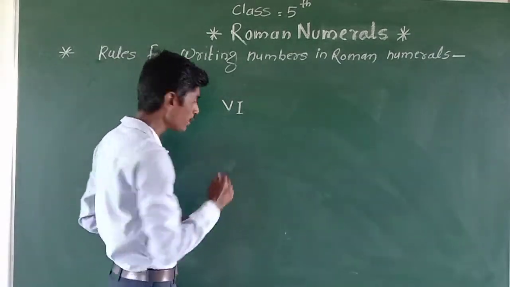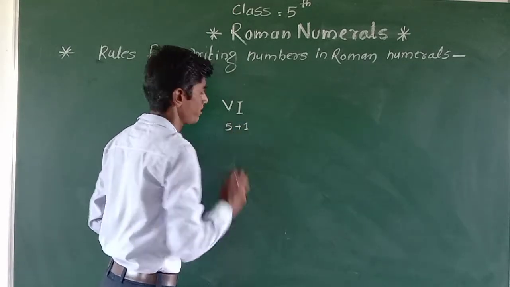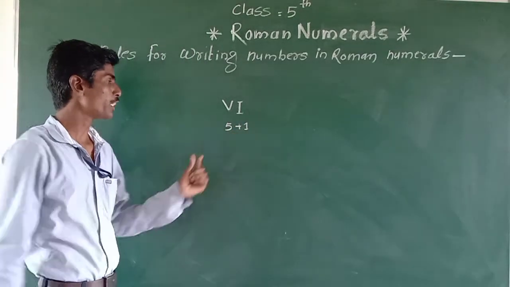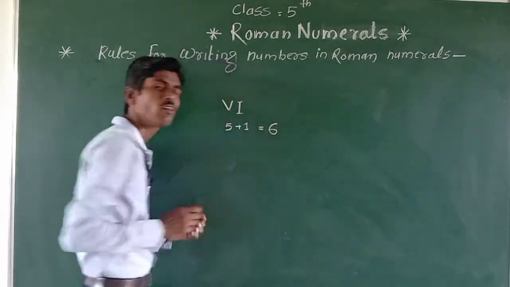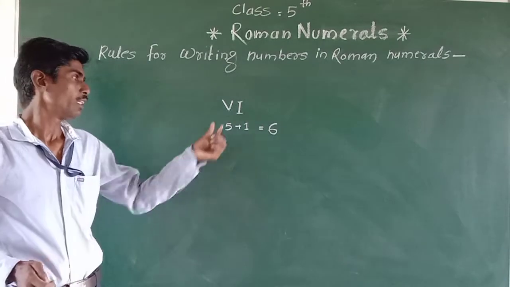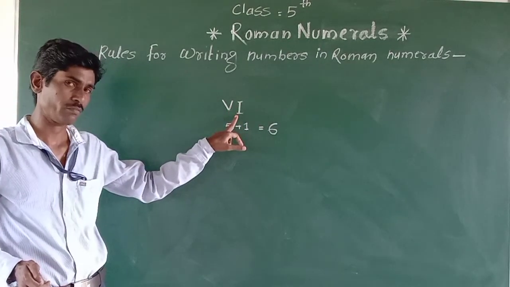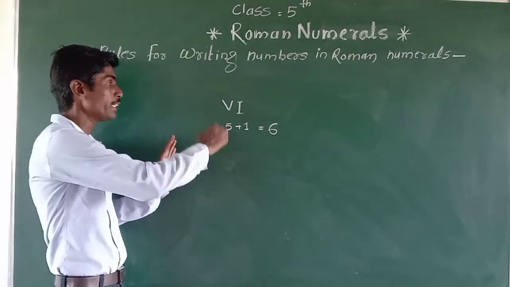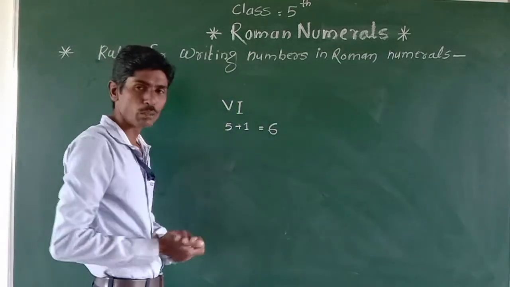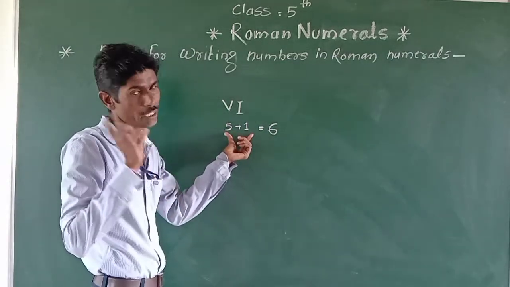V means 5 and I means 1. 5 plus 1 makes 6. If the smaller number is on the right side of the bigger number, we have to do only addition.